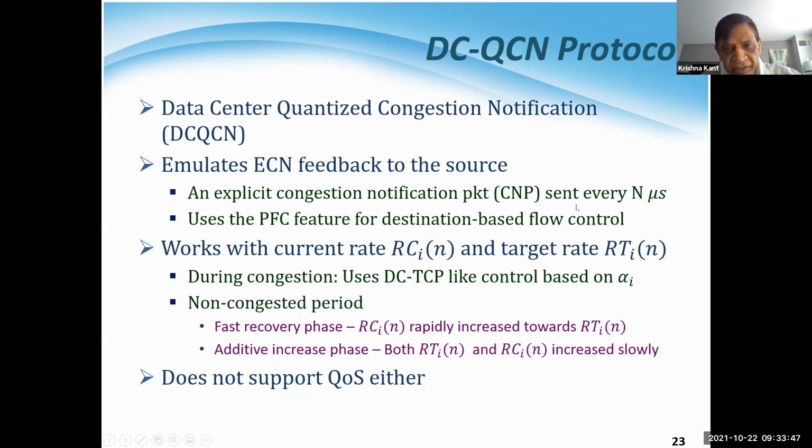And since you don't have the acknowledgement packets, it actually sends an explicit packet known as a congestion notification packet every n microseconds. And once you have the congestion notification sent to the sender, then the sender can use it in essentially the same way that DCTCP uses it for congestion control. This also does not support any QoS.